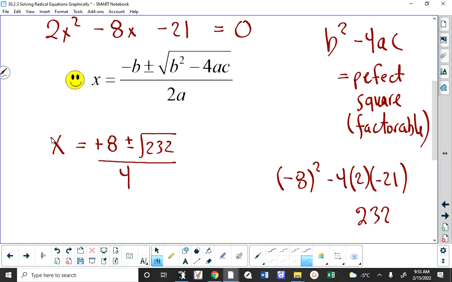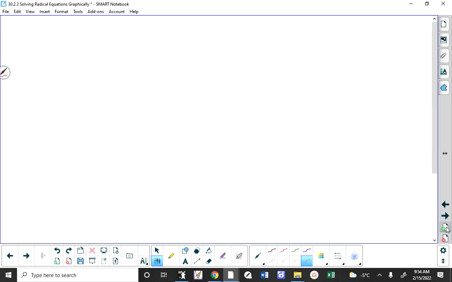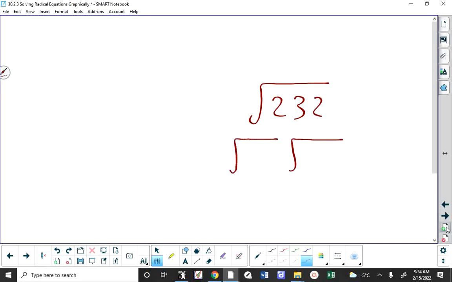There's something else from previous courses that we need to talk about here, and it's the fact that you can simplify root 232. And I'm not going back and dredging up all of these other things because they're unimportant. They're important. So if we take a detour and talk about 232 as a root, we want to express radicals in simplest form.